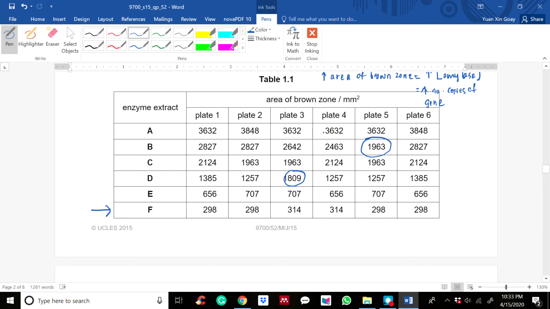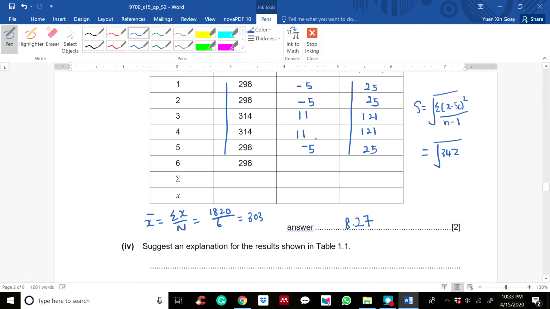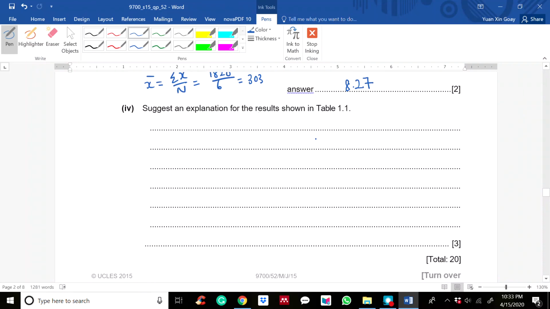So what do these results mean? Now if a result shows the larger brown area, it means more amylase, the higher concentrations of amylase.